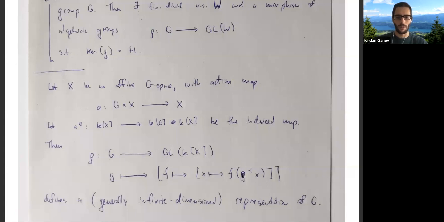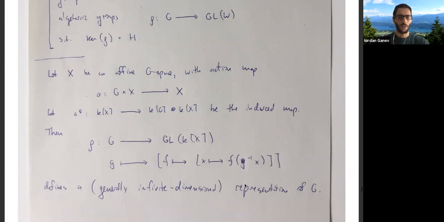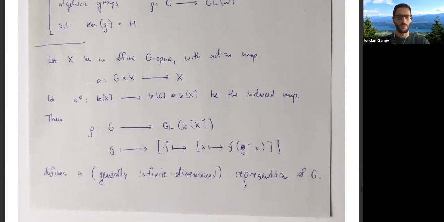Again, it may be a bit confusing why it's g inverse and not g, but if you want to make sure that this is a group homomorphism, then you need to put a g inverse here. Okay, so actually we recover rho sub g if we think about the right action of G on X, and because it's the right action, that's why we switch the factors here.